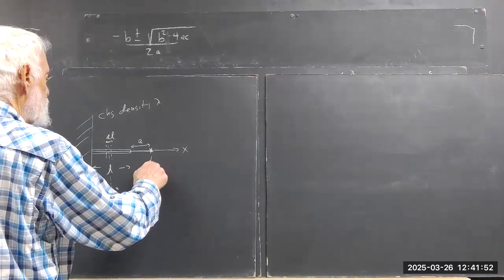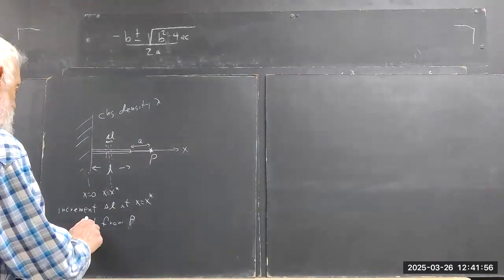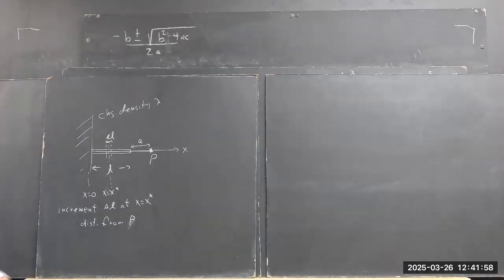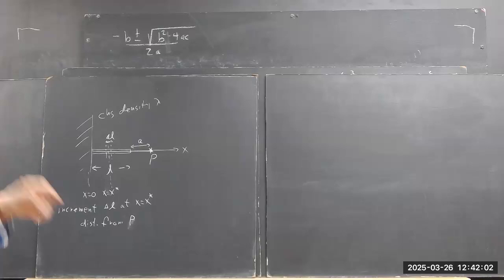And I'm going to call this point P. I'm not going to go back and look at the statement of the problem to see what the book calls it. Okay, it's a point P. Increment delta L at x equals x star.